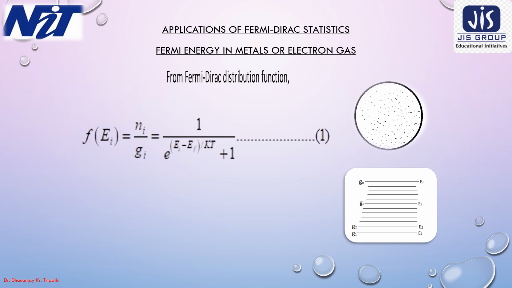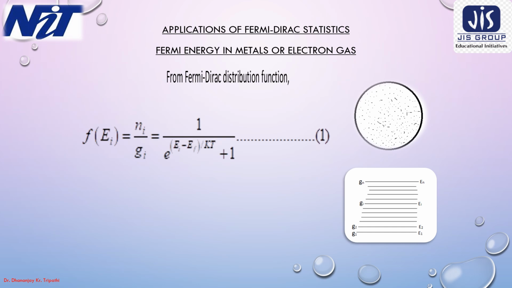As gaseous molecules are free to move from one place to the other place, like that electrons are free to move from one place to the other place. As gaseous molecules are colliding with the other gaseous molecules as well as the walls of the container, like that the electrons are colliding with the fixed positive ions, they are colliding with the electrons, and also they collide with the skin of the conductor.